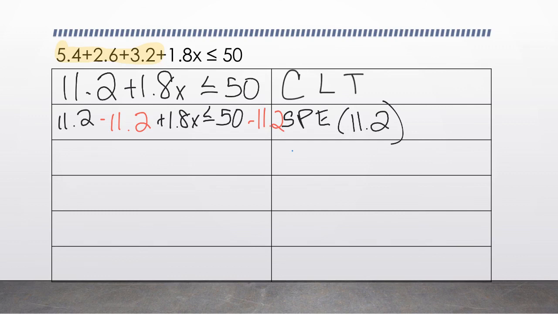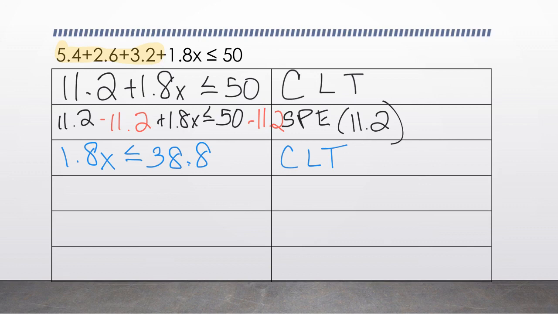So when I combine my like terms again, I get 1.8x is less than or equal to 38.8.